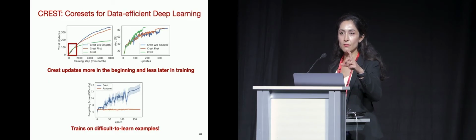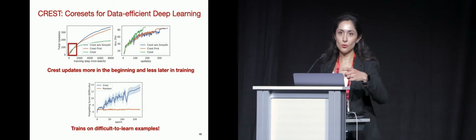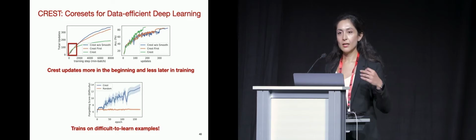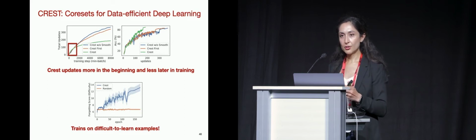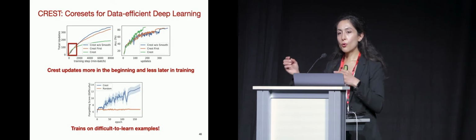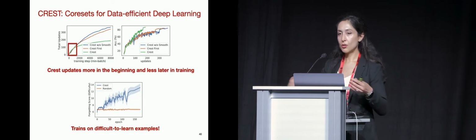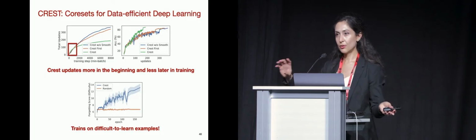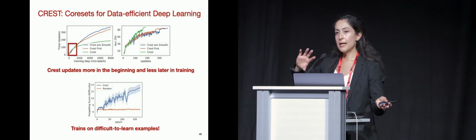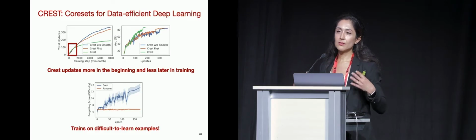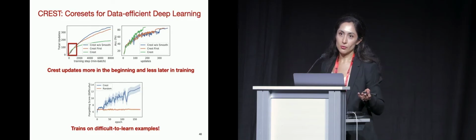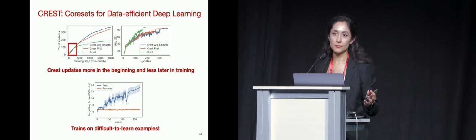Here, we are measuring this in terms of the forgetting score that I will show later in the slides. The forgetting score counts how many times the prediction of an example changes from correct to wrong during the training. As we train, the prediction of an example changes. The more the prediction of an example changes from correct to wrong, the more difficult that example is to learn for the model. The network struggles to learn.